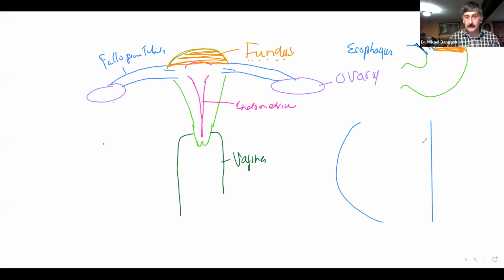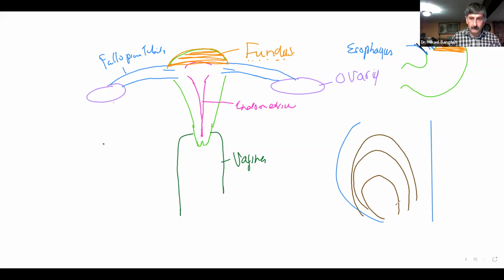Let's put it this way: as somebody gets pregnant, the uterus grows bigger and bigger. This part here will be the top of the fundus. So that's where they feel it, and then they take a measuring tape.